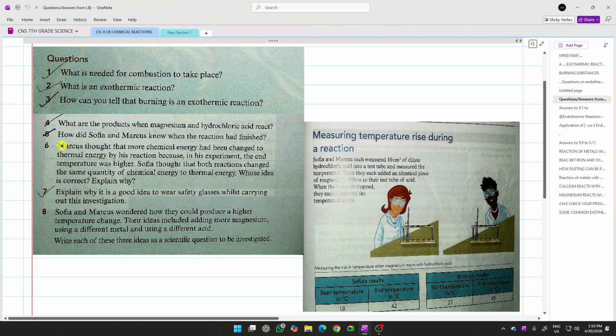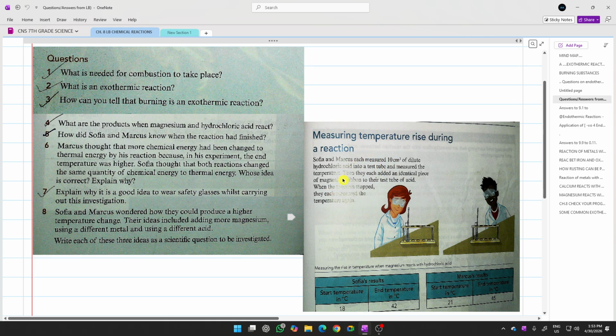What is question number 5 saying? How did Sophia and Marcus know when the reaction had finished? Now here I would like to pay attention to this particular scenario where there are 2 students. She is Sophia, he is Marcus. They both are performing some experiment or they are investigating something, and what they are investigating is written over here.